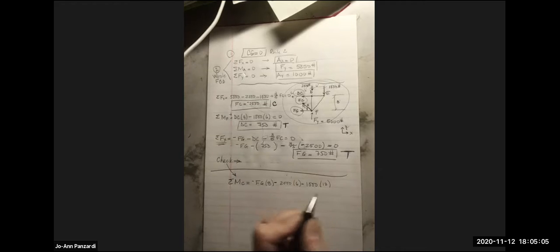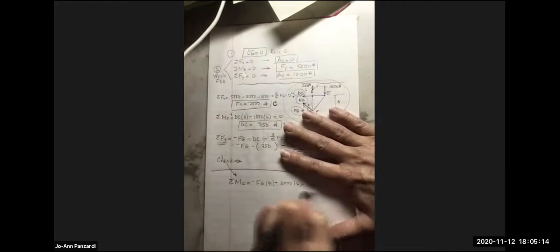I'm not going to put the feet. 6 negative. 1,000 times 12 negative, and then plus FY up, which is 5,000 times 6 positive equals 0. Did I get them all?